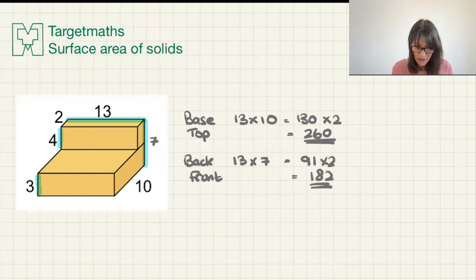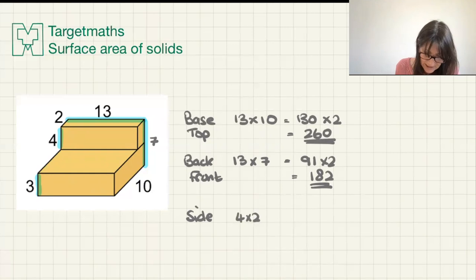And then I'll work on the side. Now, the numbers have been quite kind. This top one's really easy to see. I've got the 2 and the 4 given to me. So that's right side, and I've got 4 times 2. And that obviously is going to do that little bit there for me. I now need to do this part. So I've got 10 times this section here, which is 3.